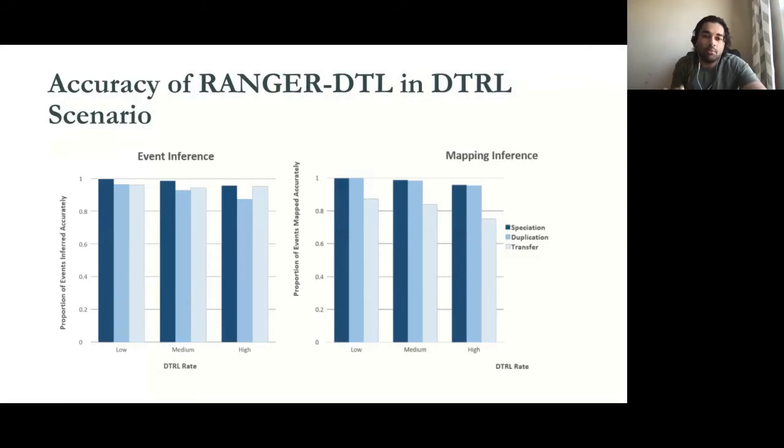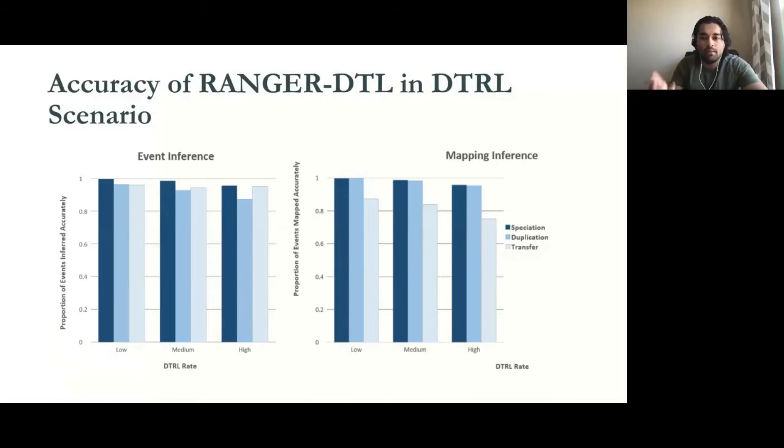And we see that most, in fact nearly all, of the different speciation, duplication, and transfer events are, as shown by the left-hand side chart, picked up accurately, essentially labeled correctly in this tree at different rates of evolution by this DTRL framework, which again is not aware of these two different types of transfers going on.